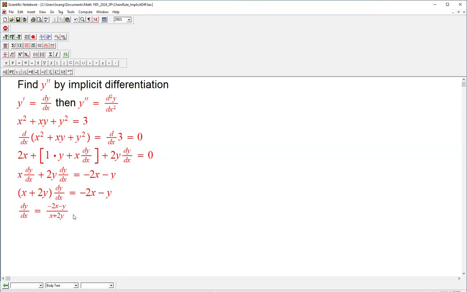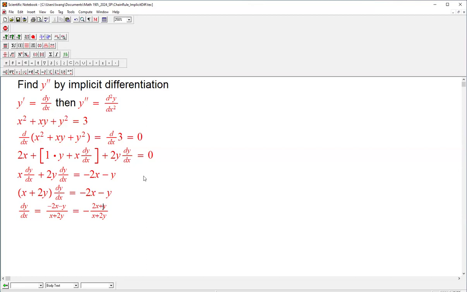So if you like, you could write it the following way. You could factor out the negative sign, so remove this and turn it into plus. So put a negative sign in the very front. That's okay.